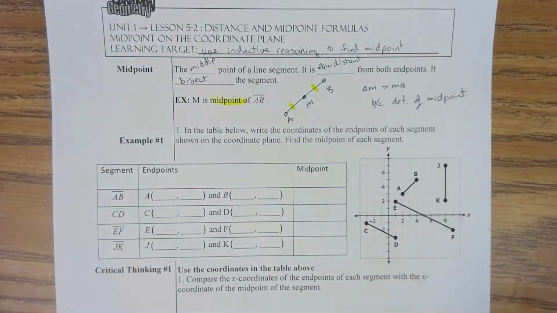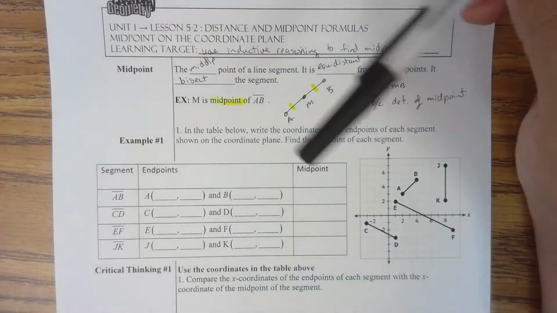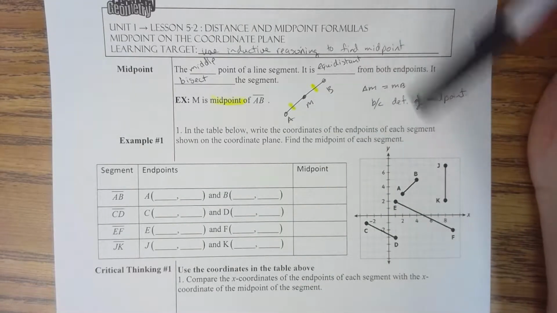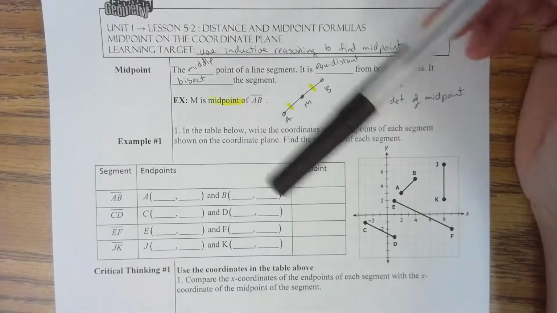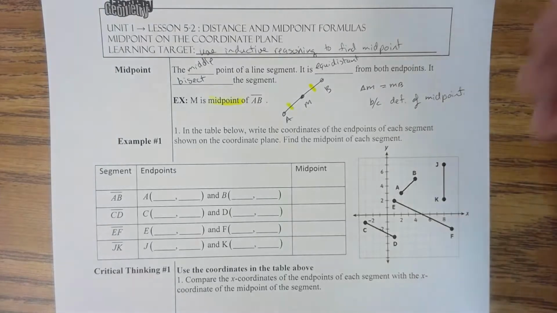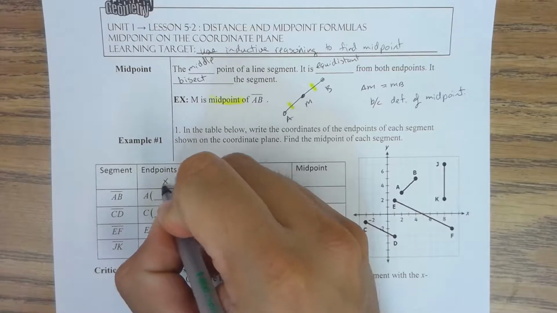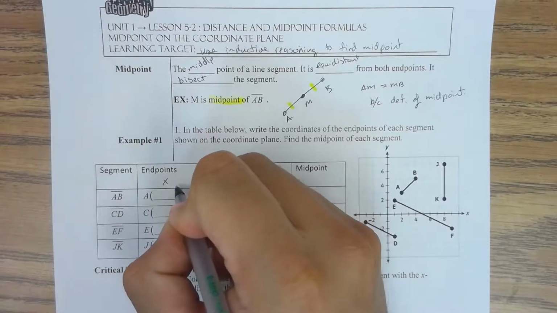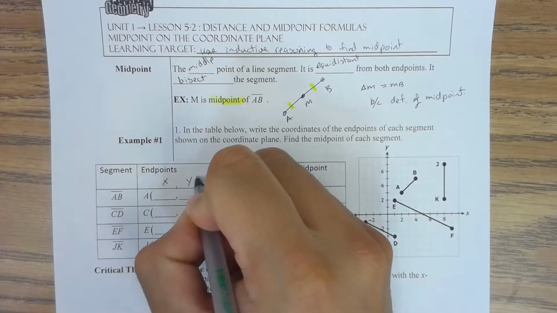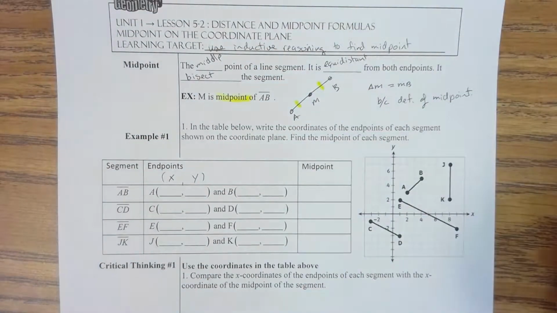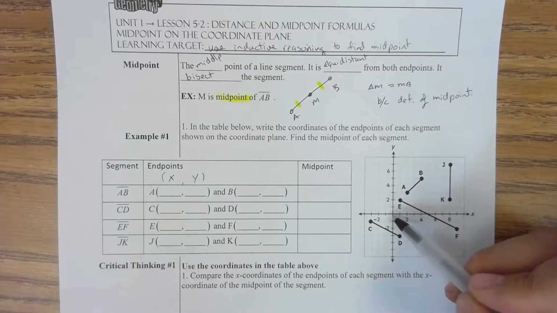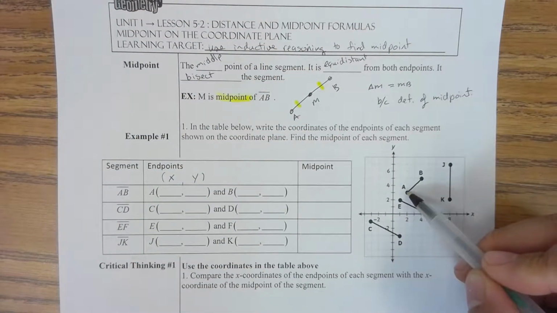Alright, so let's take a look at example 1. In the table below, write the coordinates of the endpoints of each segment, and find the midpoint of each segment. So here AB, and remember, the first one is your x coordinate, and the other one is your y coordinate. Okay, so look on the x line here, 2, 3.